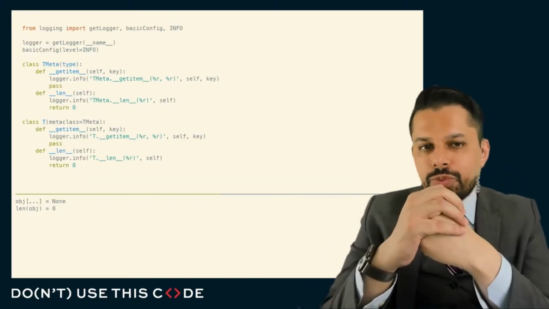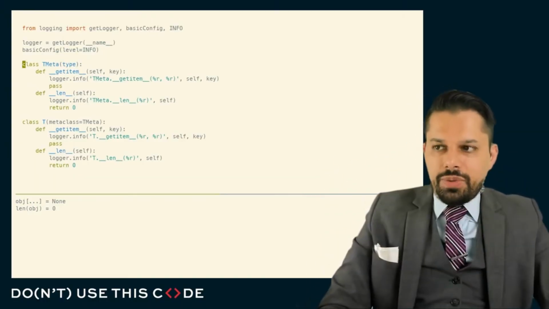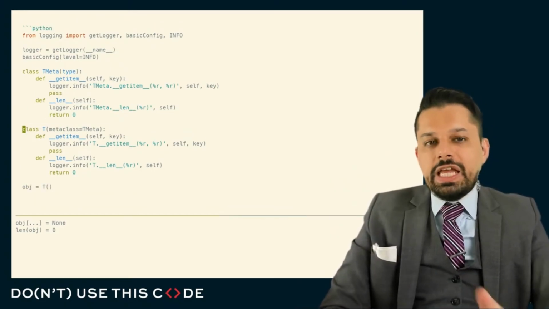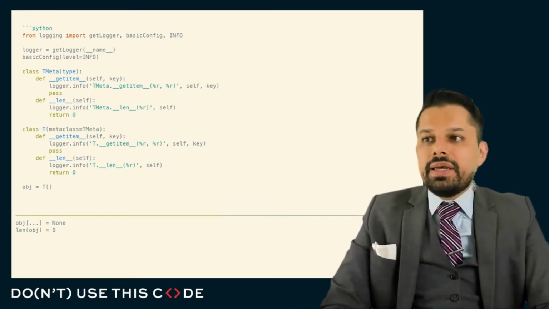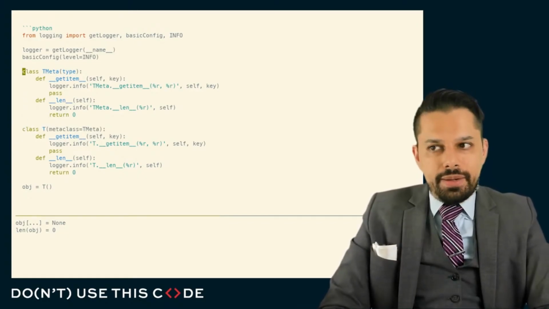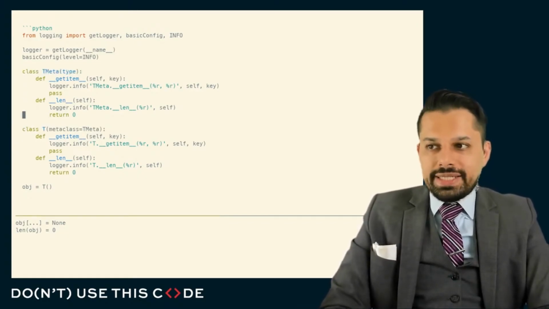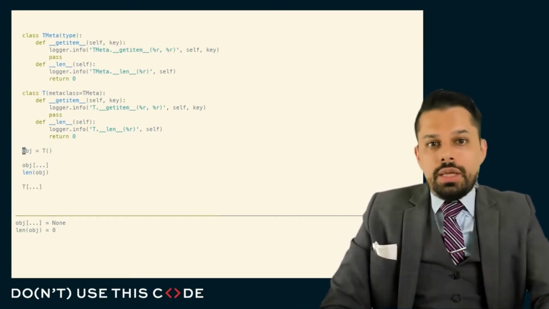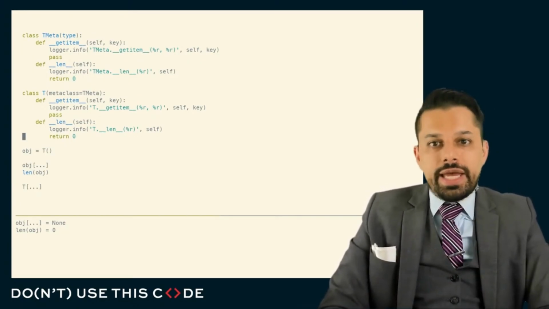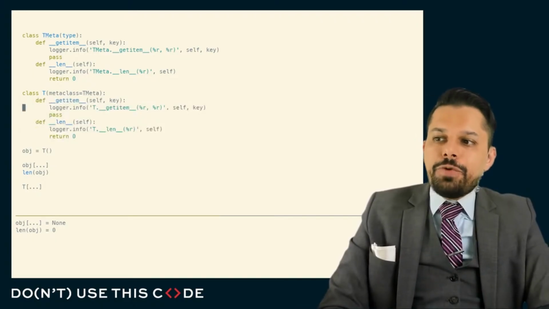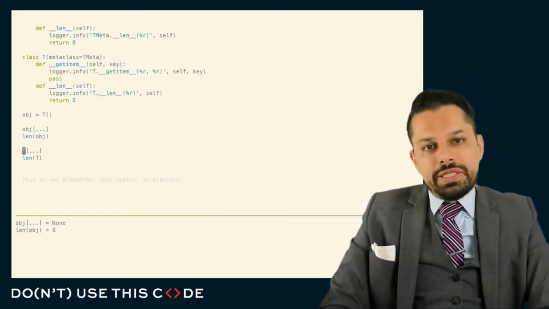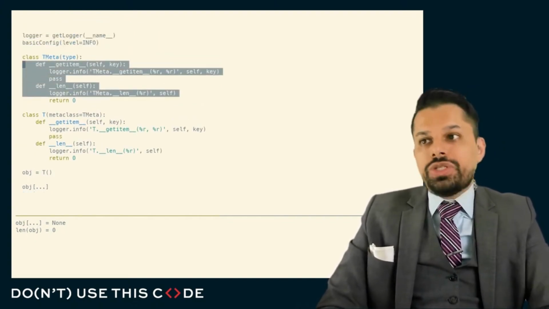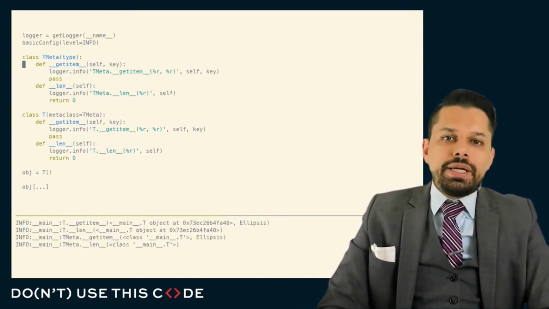If we ask an instance what its type is, if we ask the object that we have here what is its type, it'll say my type is T. If we ask T what its type is, it'll say my type is T meta. Therefore, if we ask this instance where is the implementation for len and getItem, if they're present, it'll say it's on my type. If we ask T where its implementation of getItem and len are, well, it'll say it's on my type, which happens to be this meta type, this metaclass.